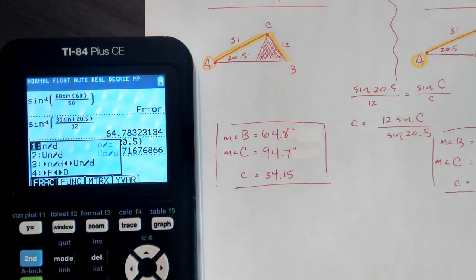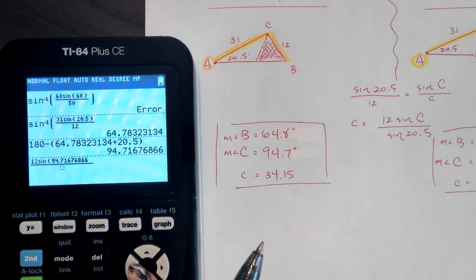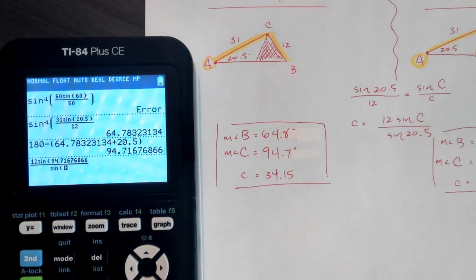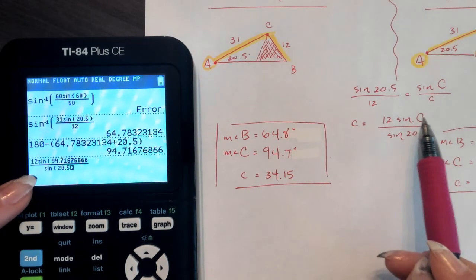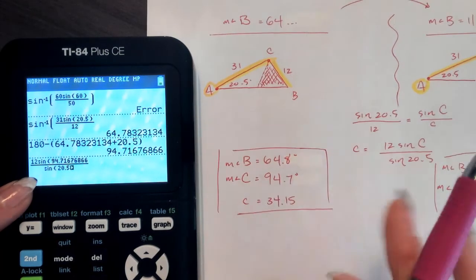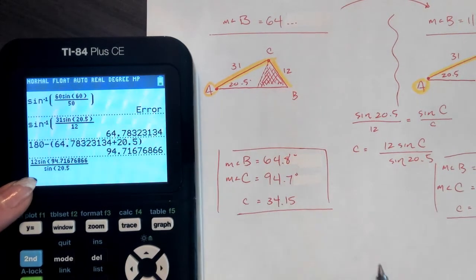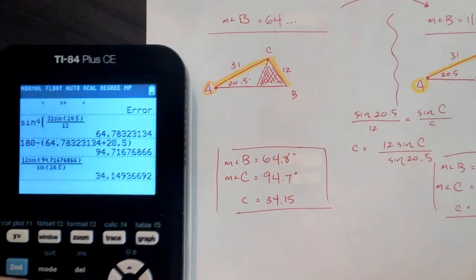So alpha y equals 12 times the sine of, copy paste, over the sine of 20.5. So see, that's the same thing, but I filled in C that I just found using my B value up here and my A value, okay? So I plugged in, and I have my 34.15.